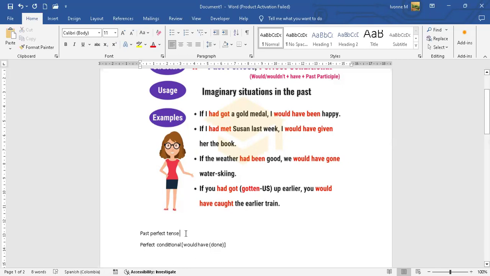About the past perfect tense, remember the auxiliary, because we're using the past and we're using the perfect. I will ask you this, guys, you in the meeting: what's the auxiliary of the perfect tenses?